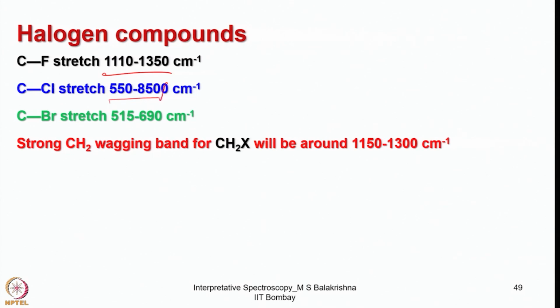And then the CBr stretch would be 515 to 690 centimeter minus 1. The strong CH2 wagging band for CH2X will be around 1150 to 1300 centimeter minus 1. So these are the important regions as far as the CX bond, where X is a halogen, is concerned.